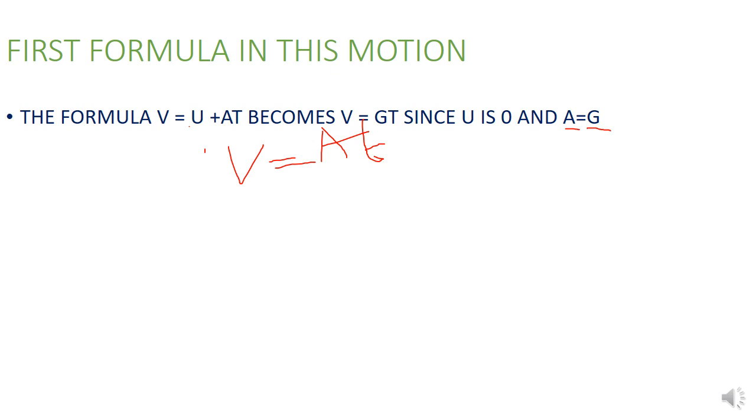So this body falls down from an upward height because of gravity. So since a is equal to g, the final velocity is equal to gravity times time. So that is the first formula.